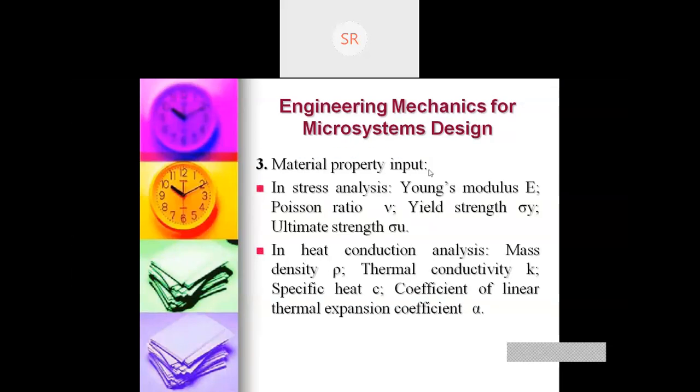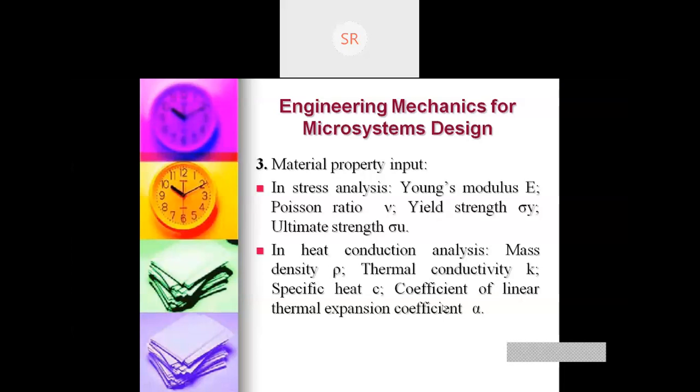Material property in the sense, if I'm doing stress analysis, I need to give the Young's modulus, Poisson ratio, yield strength, and ultimate strength. All these properties I need to load into the software. If it is heat conduction analysis, I need the mass density, thermal conductivity, specific heat, and the coefficient of linear thermal expansion, alpha.